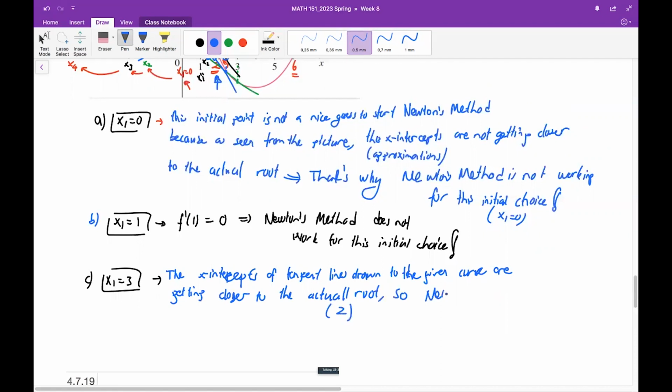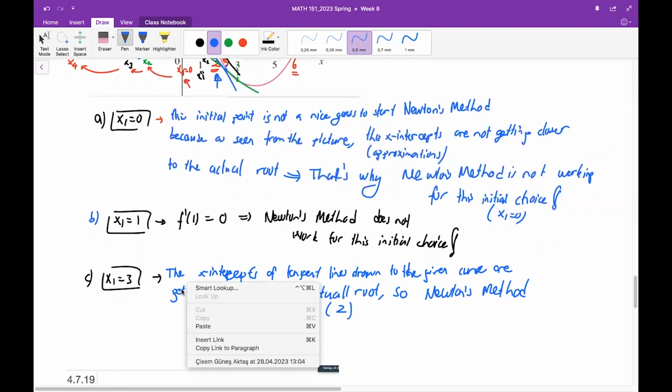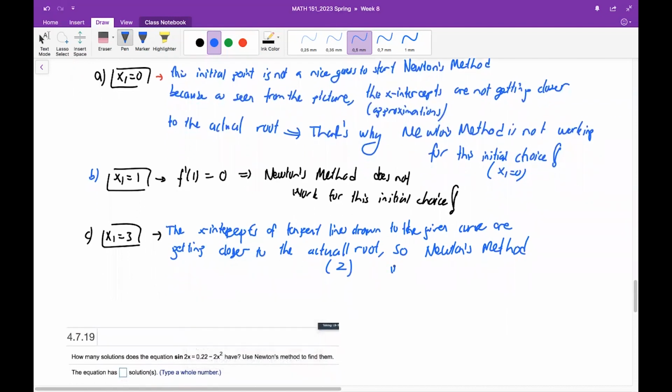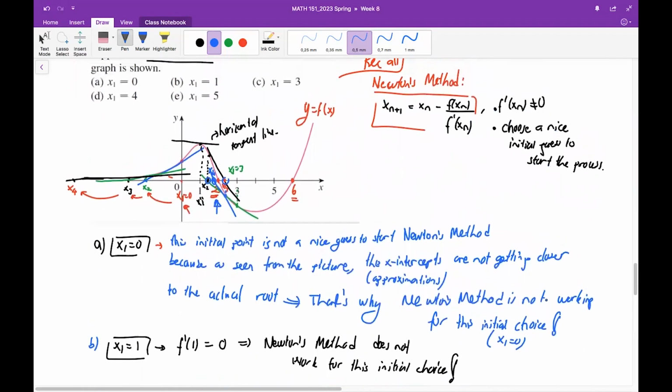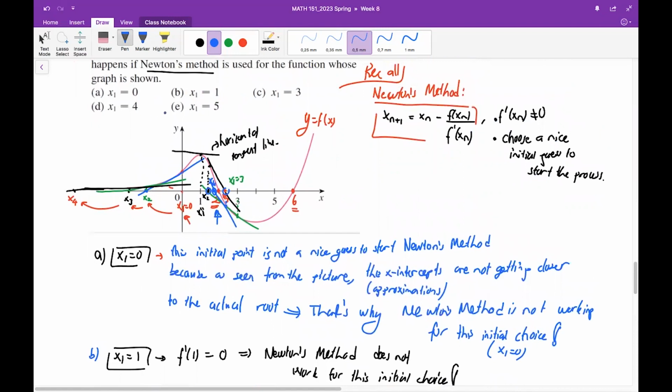So Newton's method works perfectly for this initial choice. So that's how you can check whether Newton's method is working or not for these given initial choices.